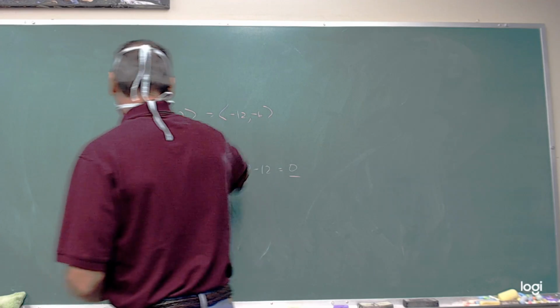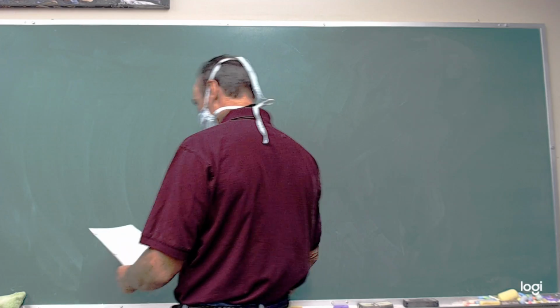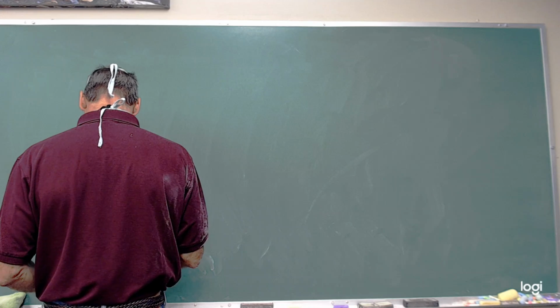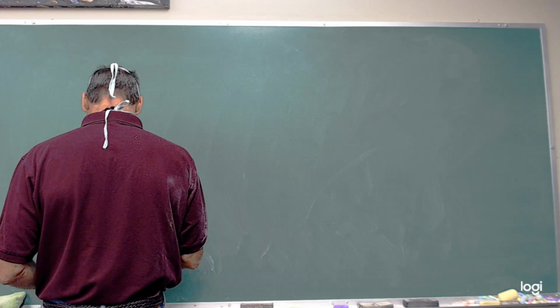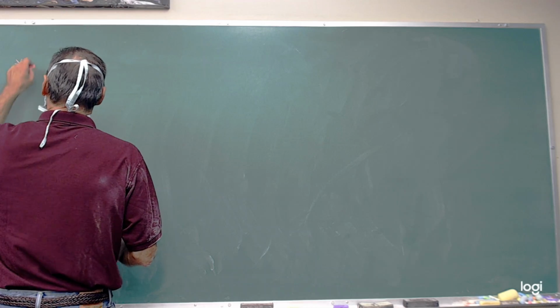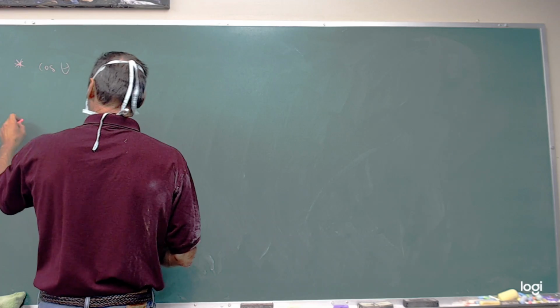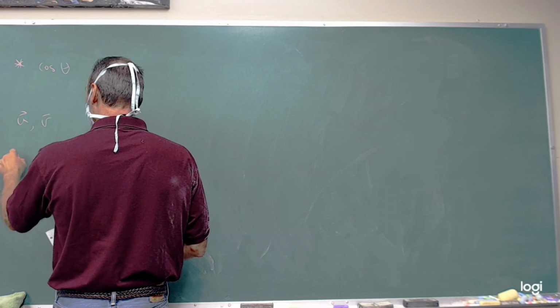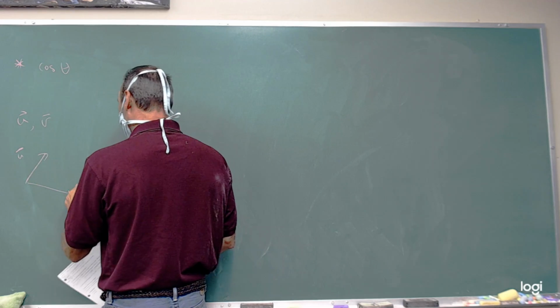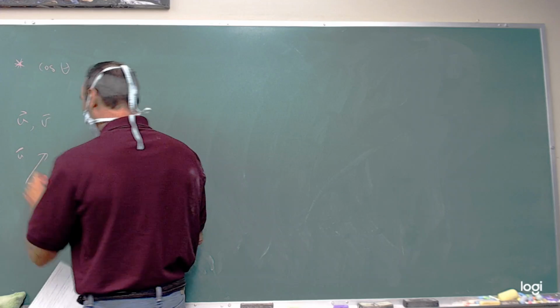Okay, so, never enough time. I was going to prove this, but you can see the proof on the other video. This is the big one. So the cosine of theta, so if we have vector u and vector v, they form an angle in between them, right?